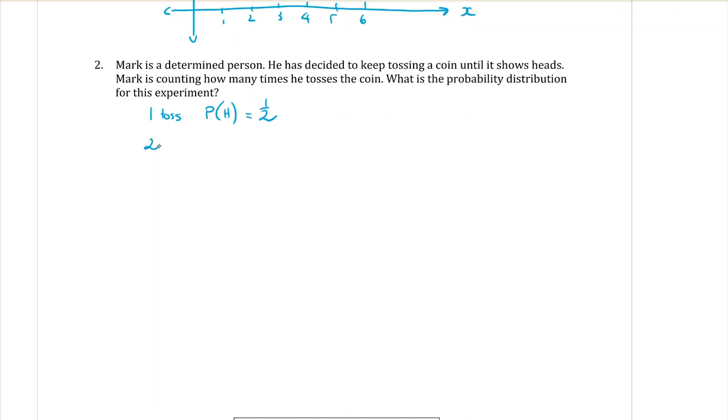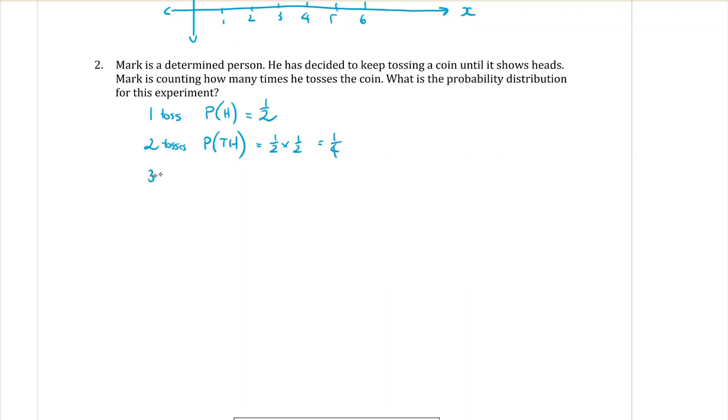Let's say it takes 2 tosses. If it's going to take him 2 tosses, it means that he would have got a tail first, otherwise it would have ended after 1. All right, tail, then a head for the second toss. The probability of that is going to be a half times a half, which is a quarter.